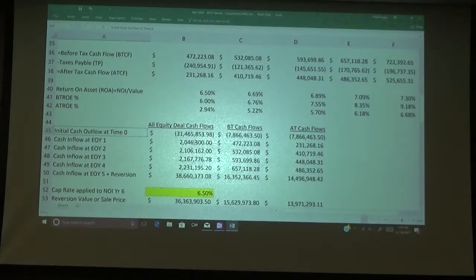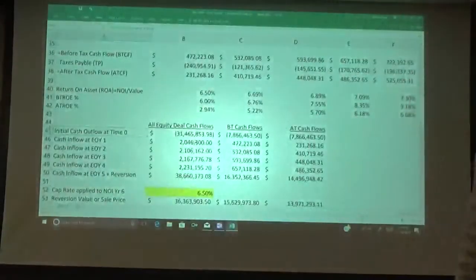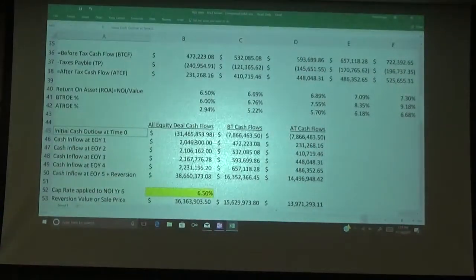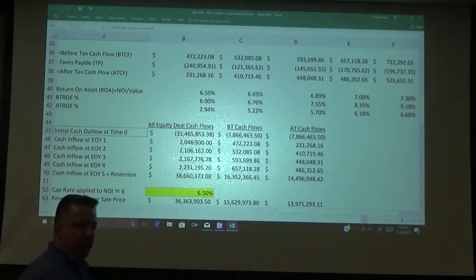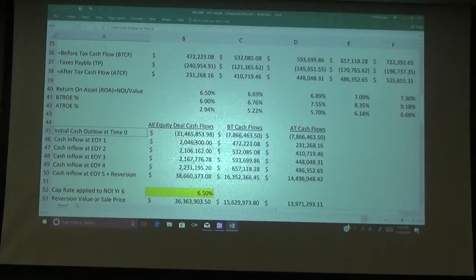And if we divide that by the 6.5% cap rate, then we're going to get the value $36,363,903.54, which should match up with this, or pretty darn close, okay? Off by a couple of pennies because we're rounding, okay? All right, make sense?